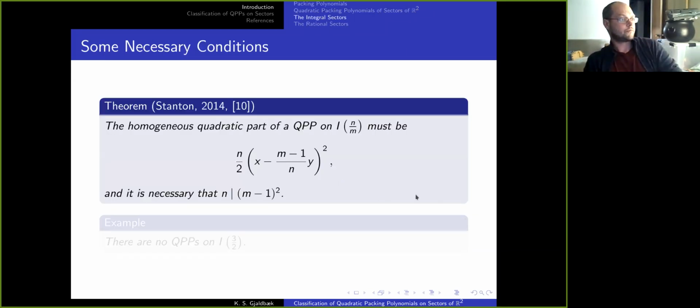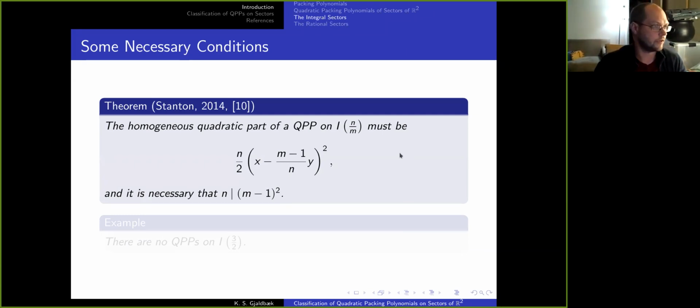So the first progress came quite soon after the paper came out. Caitlin Stanton proved that if you have a quadratic packing polynomial on a rational sector, the quadratic part of the polynomial must have a very specific shape depending on the number alpha equals n over m. And it is known that the coefficient of y squared must be a half integer.